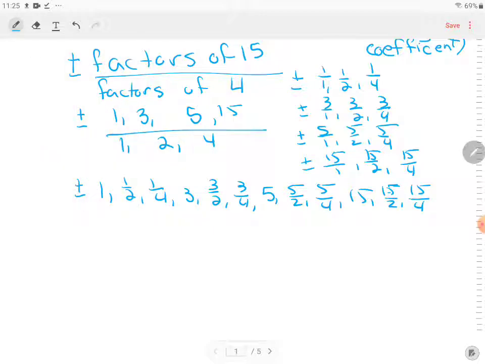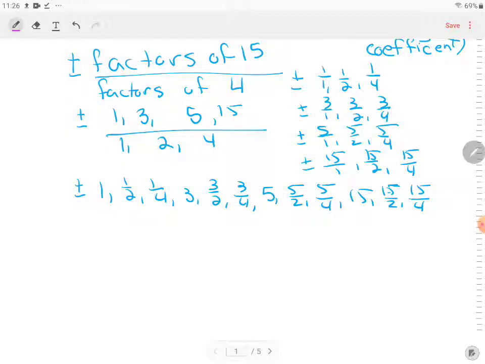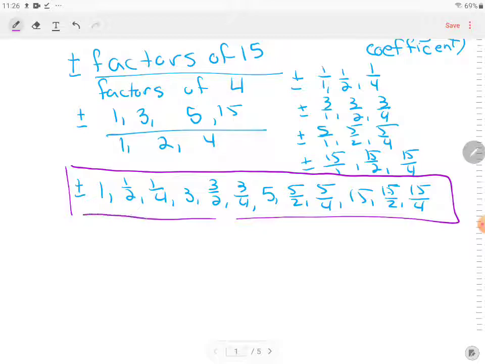But for these purposes, we are just going to list it with the plus or minus. So again, remember, plus or minus means that it could be a positive or a negative number. So if you count, there are 12 numbers right here. And if you list the 12 positive and 12 negative, there's a possibility of 24 rational zeros. Notice that this is not going to include the irrationals or the imaginary or complex numbers.